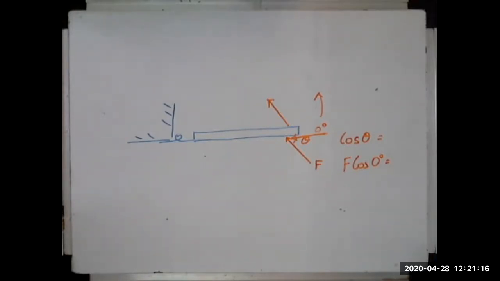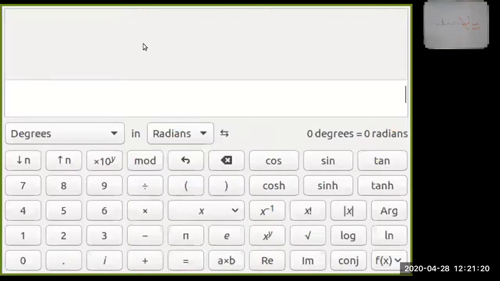I'll go to the screen share, right? Cos 0 degrees would be, cos 0 is equal to 1. So it leads us to the absurd situation, which will be f times 1, which will be equal to f.